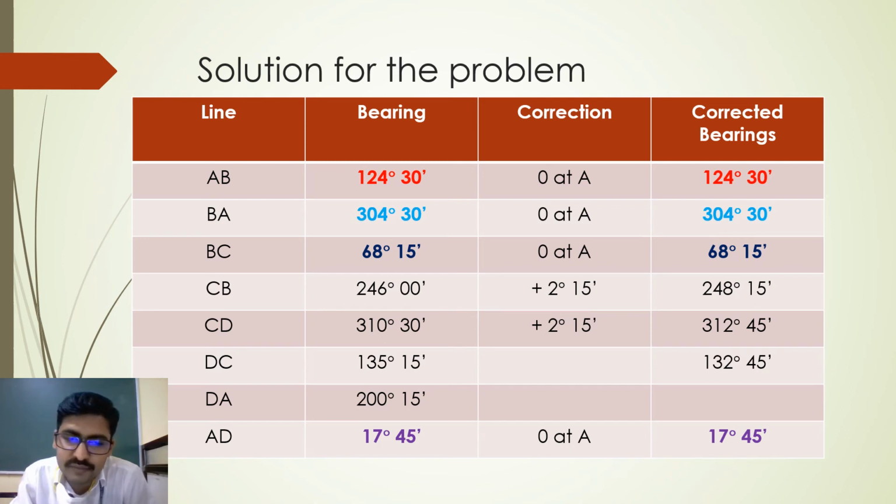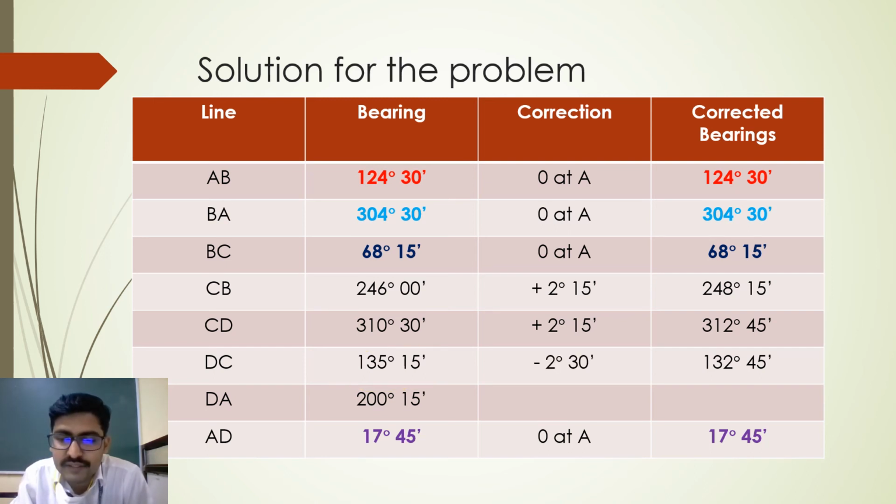But what is the observed bearing? Observed bearing is 135 degree 15 minutes, right? So this is the observed one. So the correct bearing is 132. So observed is more than the corrected bearing. So the correction has to be negative. So you need to minus. So how much? 2 degree 30 minutes.